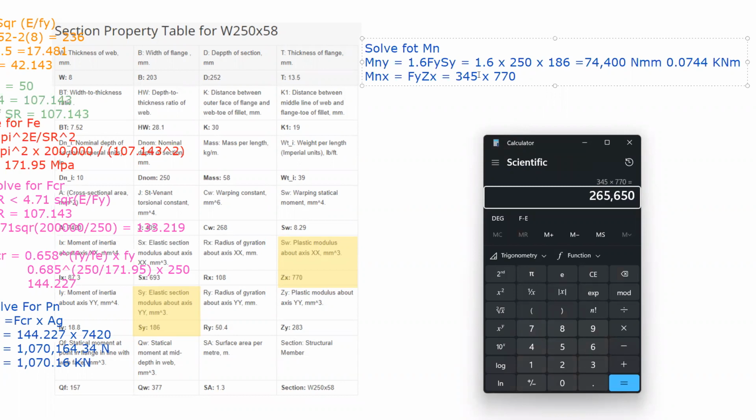That is 265.65. So let us convert that into kilonewton meter. So 0.2656.